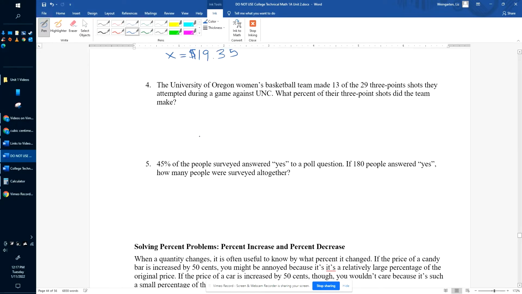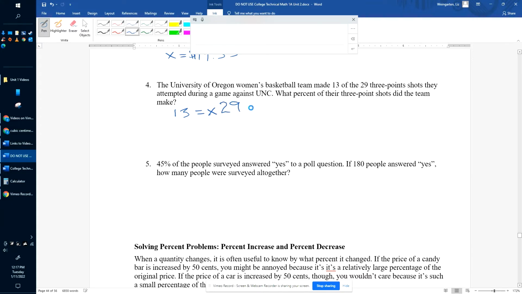University of Oregon's women's basketball team made 13 of the 29 three-point shots they attempted during the game against UNC. What percent of their three-point shots did the team make? So the amount is 13. We're looking for the percent, and the base, the original amount, was 29.